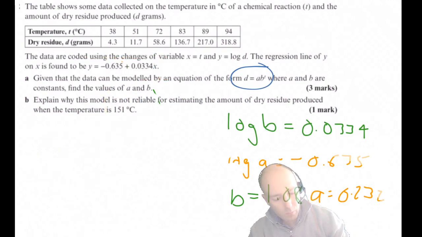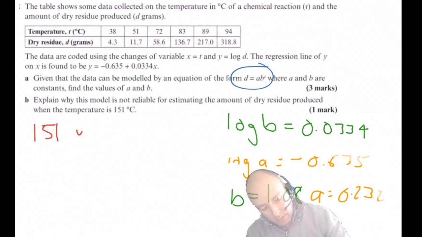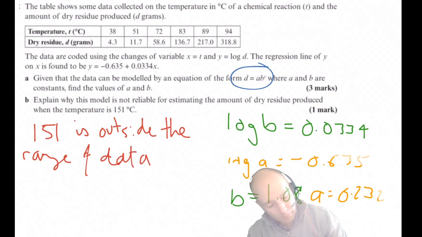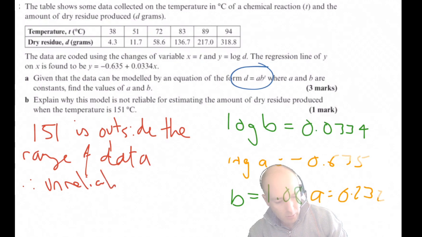So 151 is outside the range of data. Therefore, unreliable. And we can throw in that keyword extrapolation.